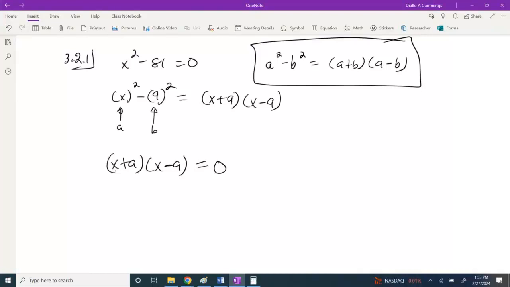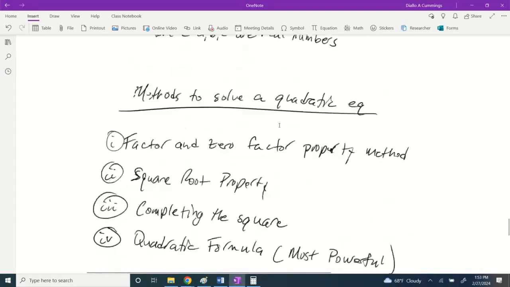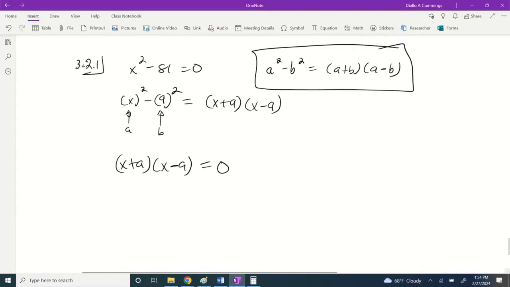In order to solve any quadratic equation, your equation must be in standard form. And the only thing standard form means is that your equation must be set equal to 0. So we factored the left-hand side. It was set equal to 0. Now we're going to use the zero factor property.